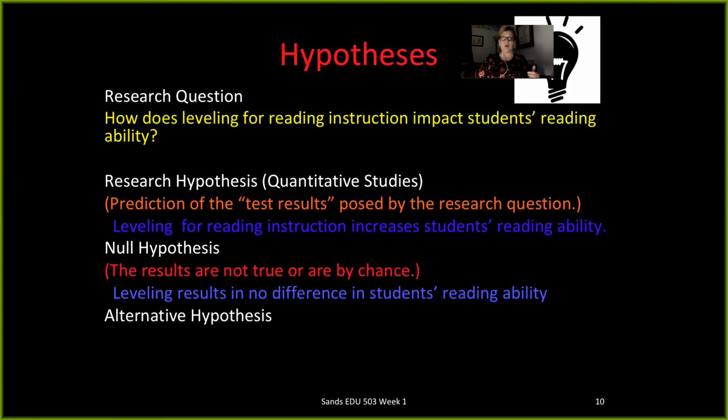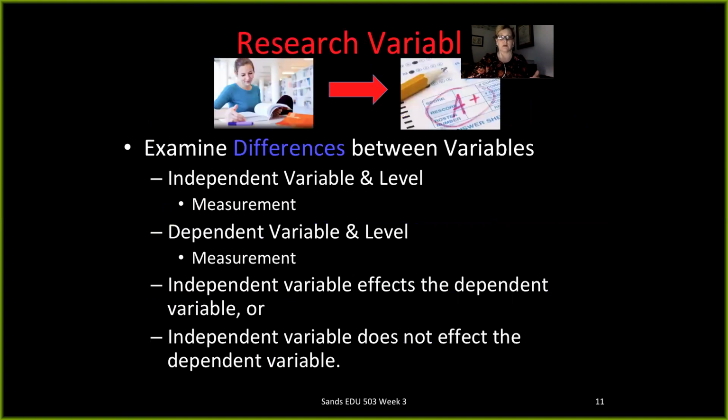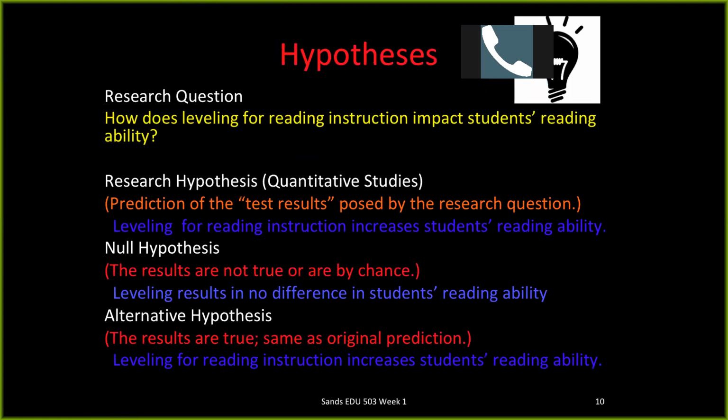Okay? So the alternative hypothesis, I'm hoping that you're not having problems with my speakers. The alternative hypothesis basically is restating the original research hypothesis. So really what you're doing is proving the null not to be true if the alternative hypothesis is true.